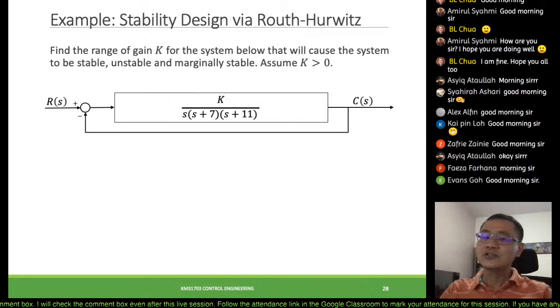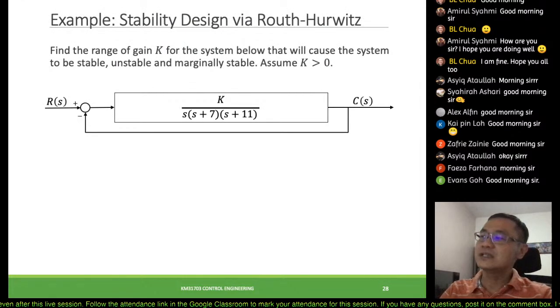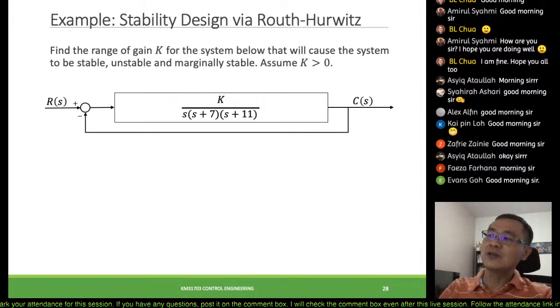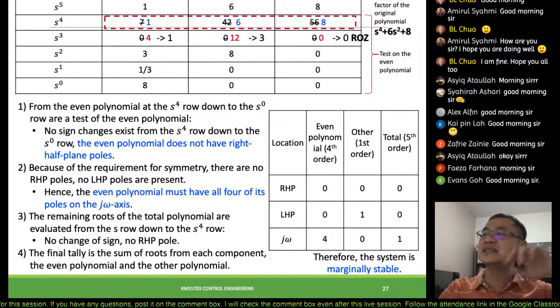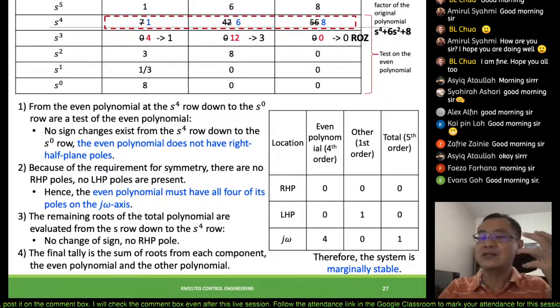Alright, so now we come to the stability design, okay? As we say, these methods are very useful for design, but not really for analysis, okay? What we did previously is to analyze, to give you an idea of how it operates.